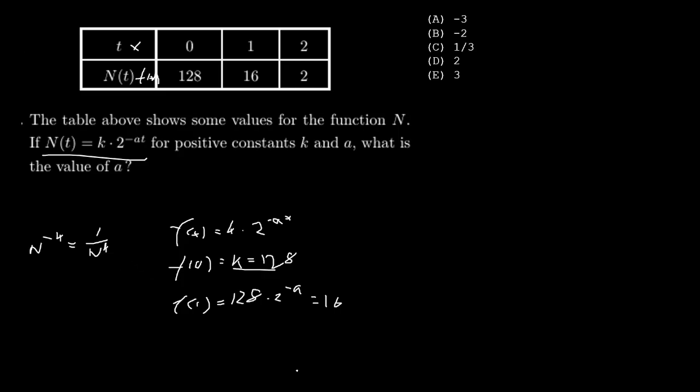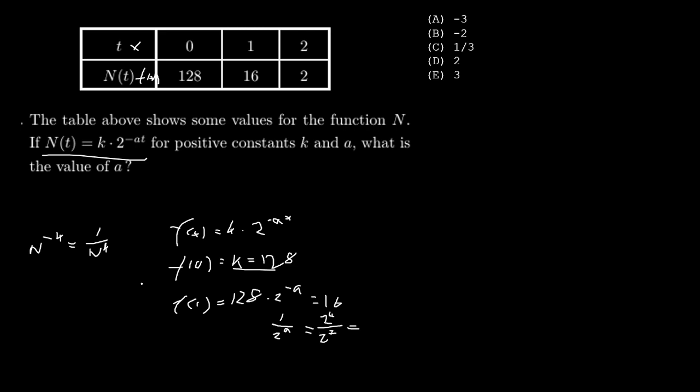So we can write this as 1 over 2 to the a, and we can just divide by 128. Well, 128 is actually 2 to the 7th power, I believe. So write it like that. And 16 is 2 to the 4th power.